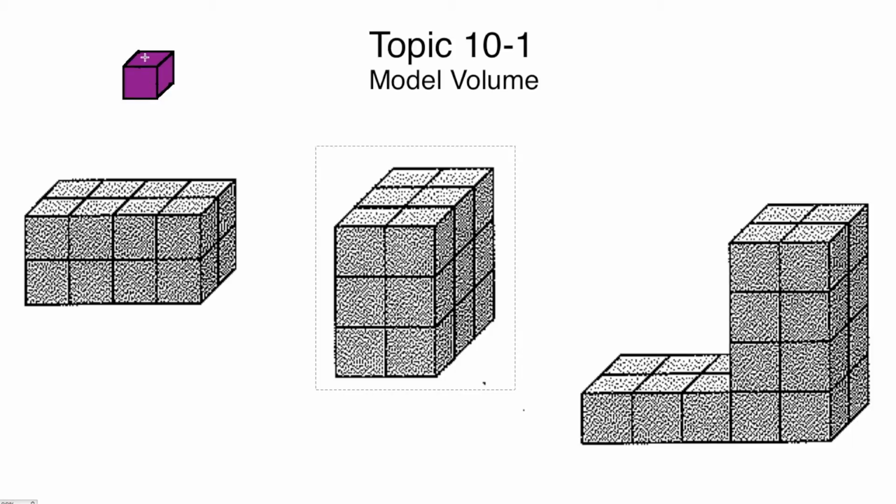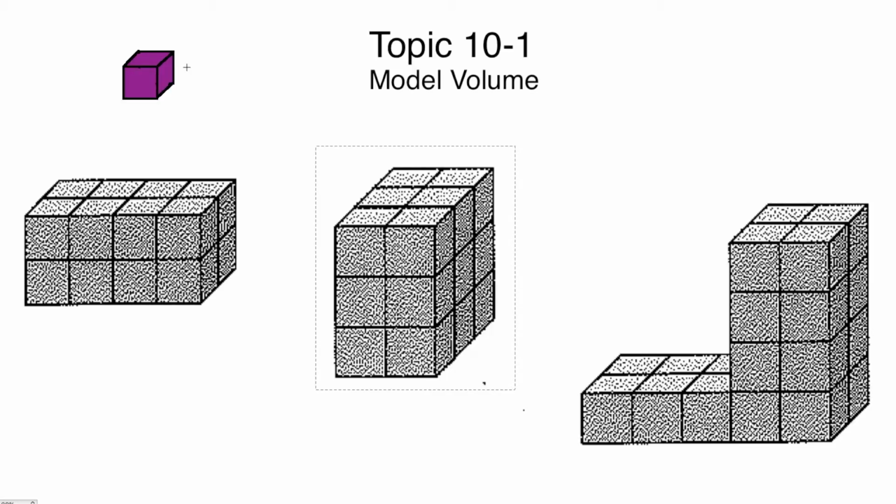It has 6 faces: front, back, top, bottom, right, and then left. Okay, it also has length and width, which is a two-dimensional object, but it has this third dimension called height.